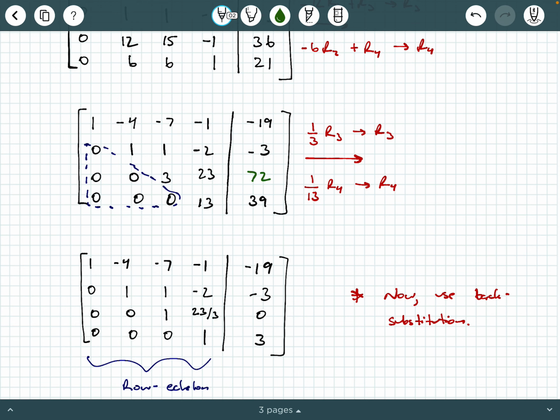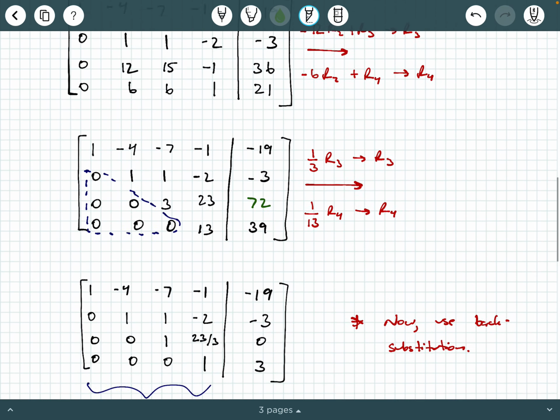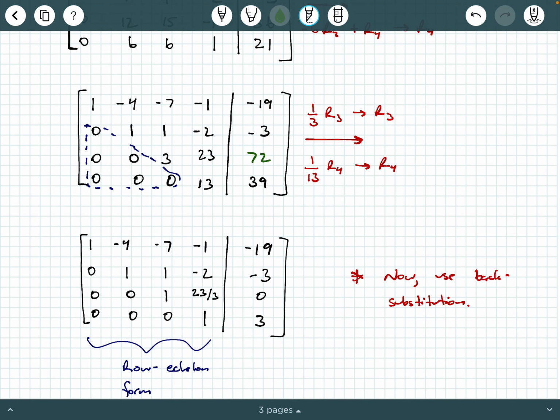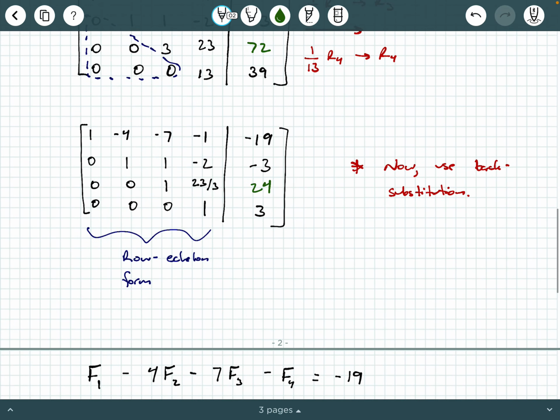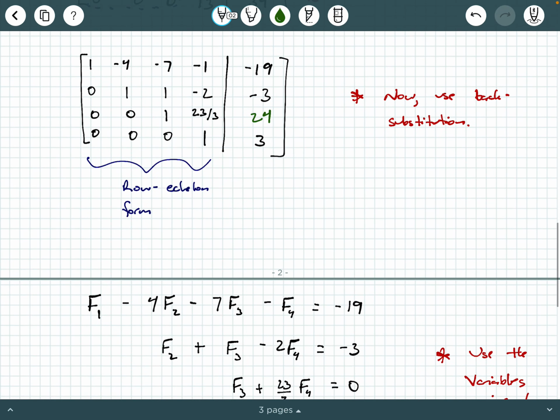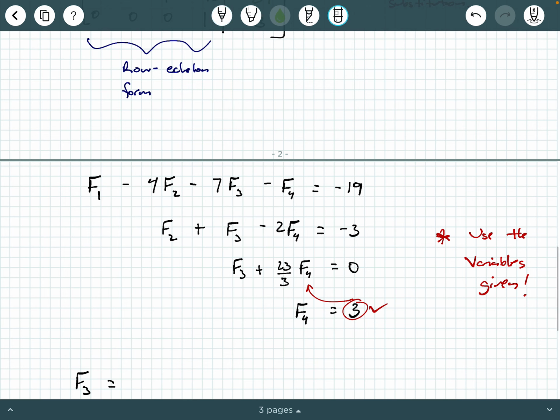And so then we get to this step where we said 1/3 row 3, okay? So we do have 23 over 3, but 72 over 3 is not 0. It is positive 24. There we go. That's much better. And then this right here is not 0.